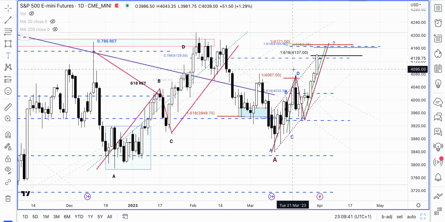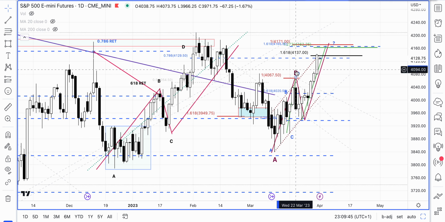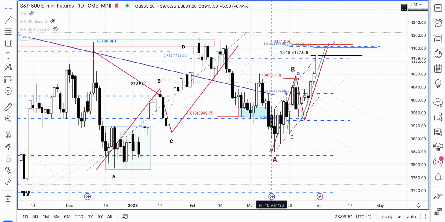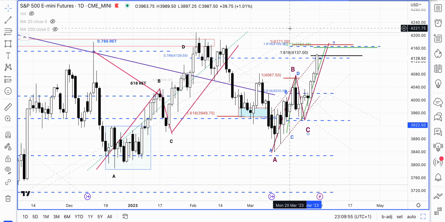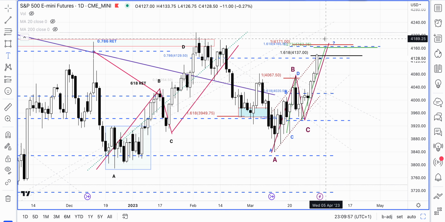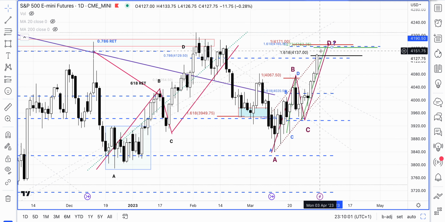A, B, let's move it here. A, B, and that's the C level, and this is the potential D. Okay guys, so this is the potential D level that we are watching.